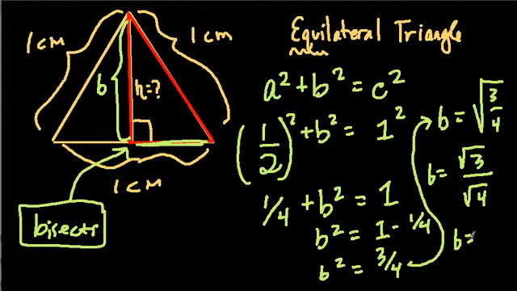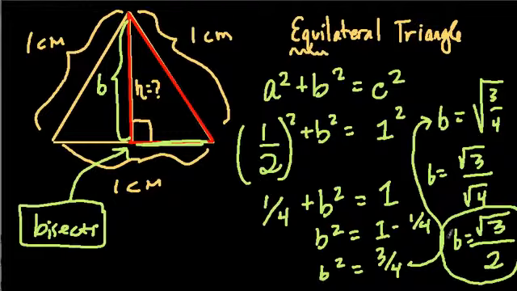The square root of 3 we'll leave as the square root of 3 since it's irrational. Think about it: 1 squared is 1, 2 squared is 4, 3 is in between, so there's no whole number or exact decimal that gives us the square root of 3. And the square root of 4 is 2, since 2 times 2 is 4. So that length, b, is the square root of 3 over 2.